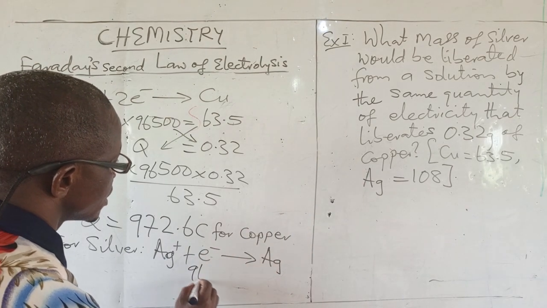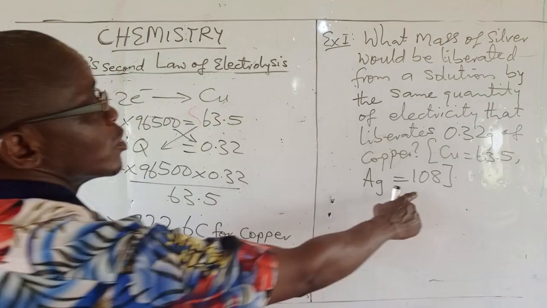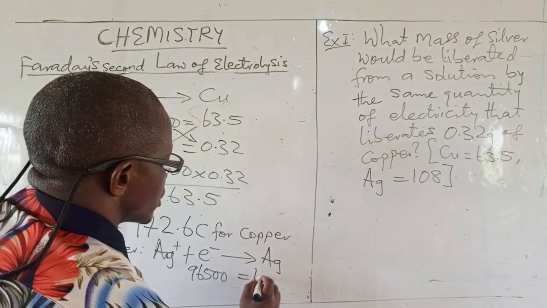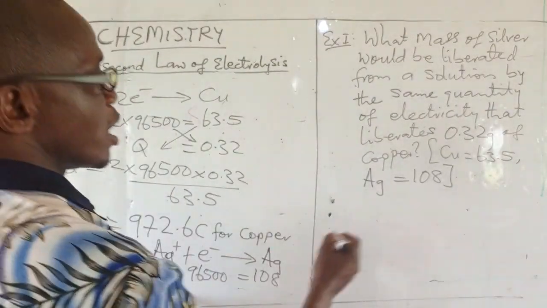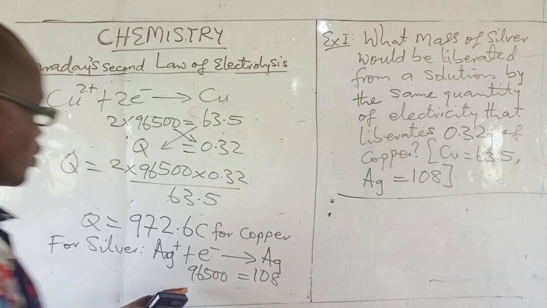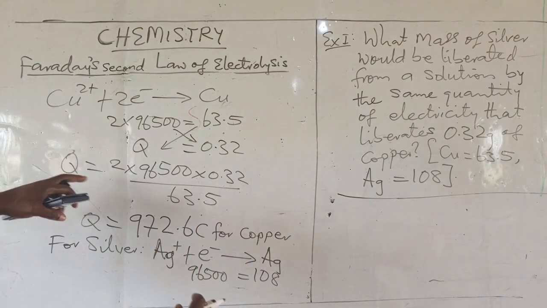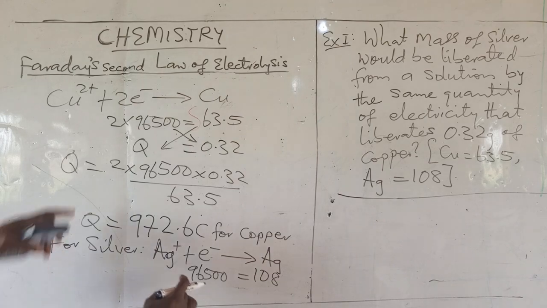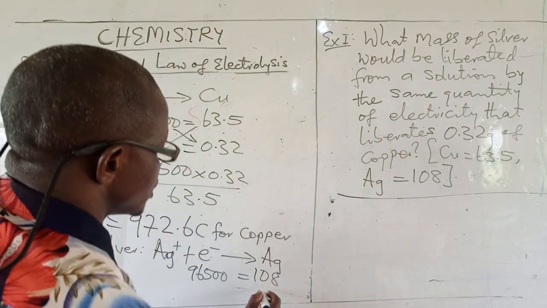That's 96500 to give you 108 gram. And from here, substitute that of copper: the mass of silver, which is this.